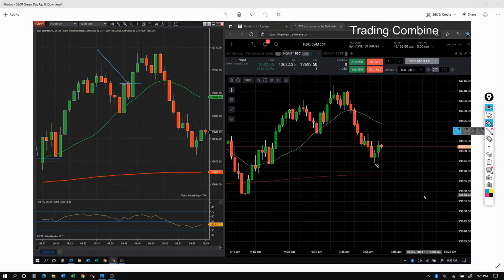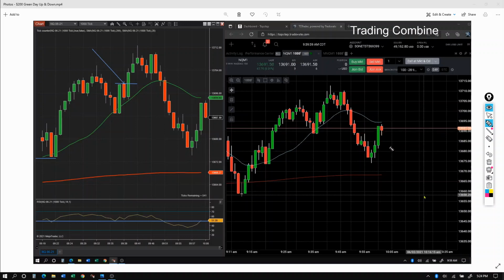So we have a green bar, and this is a green bar. We're just watching it, seeing where it wants to go.